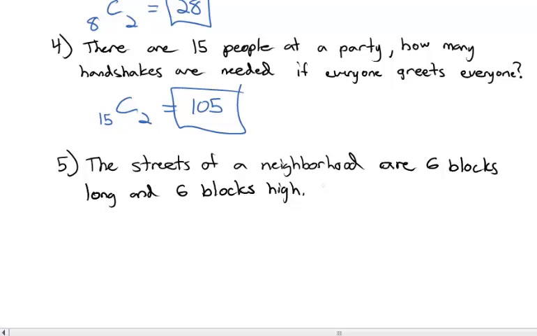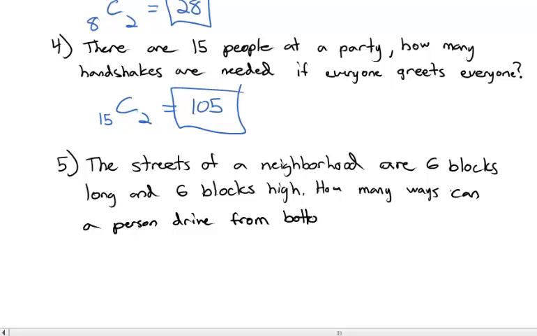It's a grid. And let's say we want to go from the bottom left to the top right. We want to know how many ways can a person drive from the bottom left to the top right.